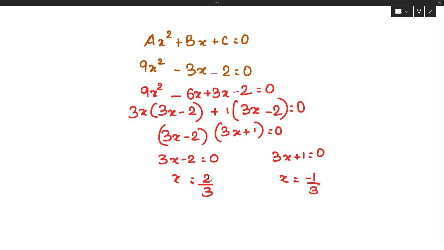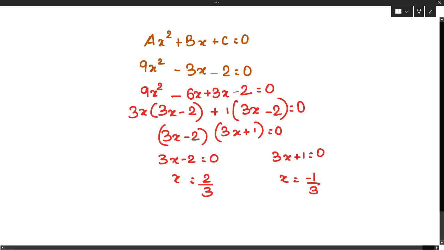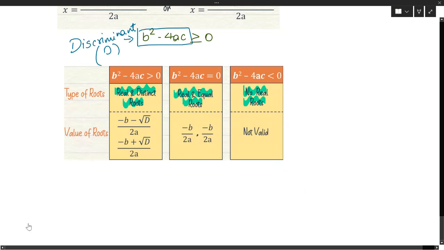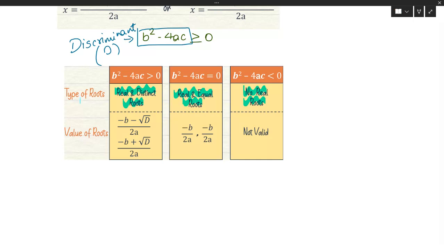Now, when we look at the quadratic formula, again I'm explaining, when the discriminant b square minus 4ac is greater than or equal to 0.